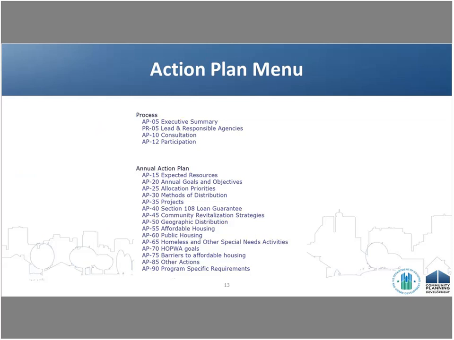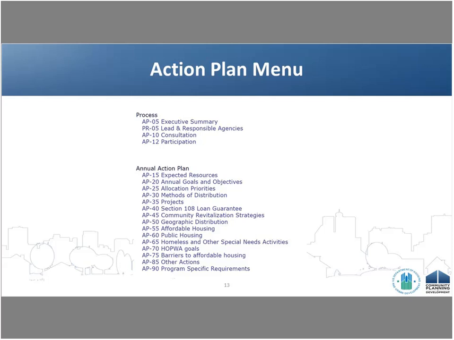So how the action plan is submitted, I'm just coming back to the PowerPoint deck here, is it's submitted through the eCon planning suite. And in this case, to the point that Beth made earlier, we are still under a continuing resolution, so until you receive your final allocation amounts, you are not able to submit your 2018 action plan.